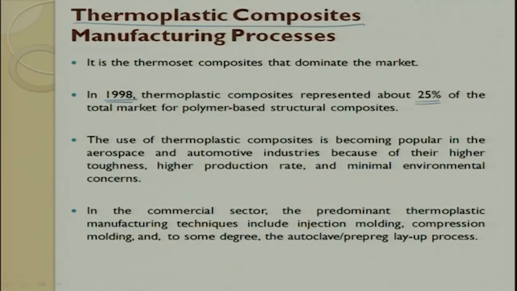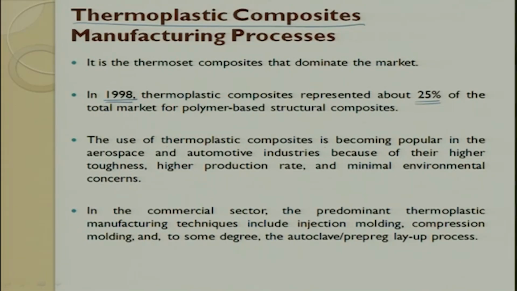The entire bumper of a car which was earlier made out of thermoplast, now they are made out of thermoplastic composite materials. So, slowly it is getting more and more important, and people feel the need of it, and there is also an environmental push for going towards thermoplastic because of its reprocessability.